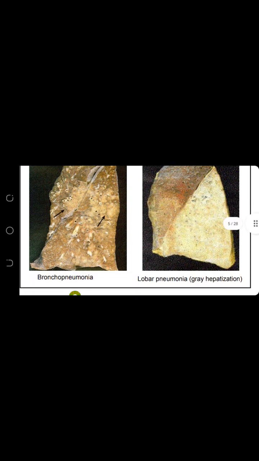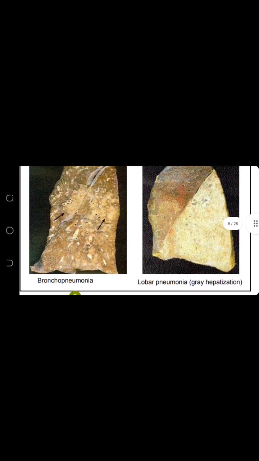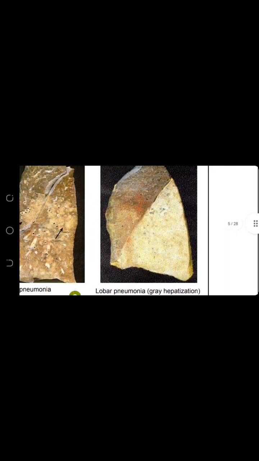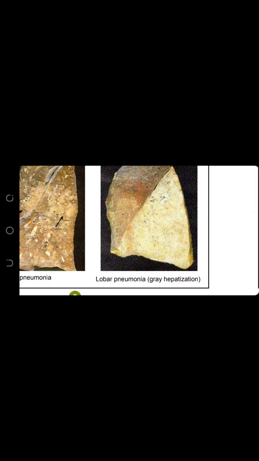We have the superior and the inferior lobe, and then we've got the oblique line that usually passes along these two lobes. So the lung here is the one having what we call bronchial pneumonia. Then the second one, on the left side, we have the lobar pneumonia, which is the gray hepatization.